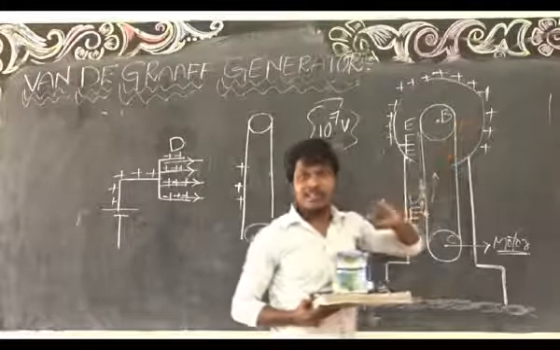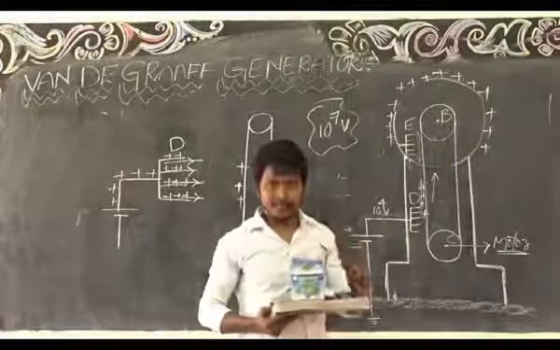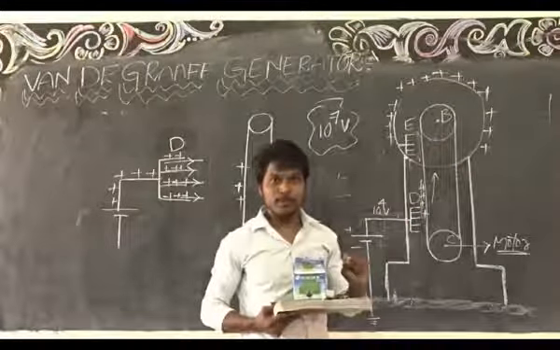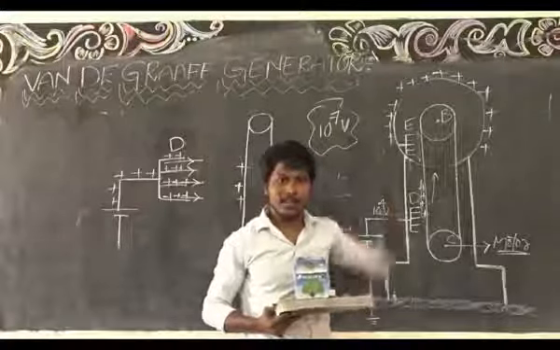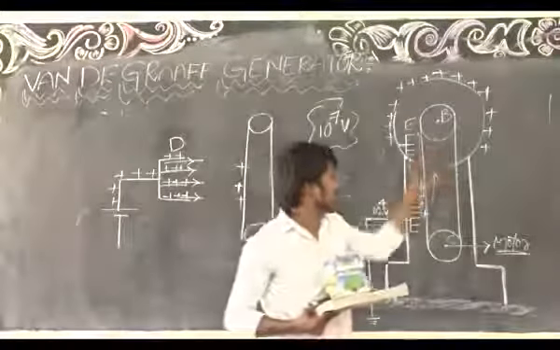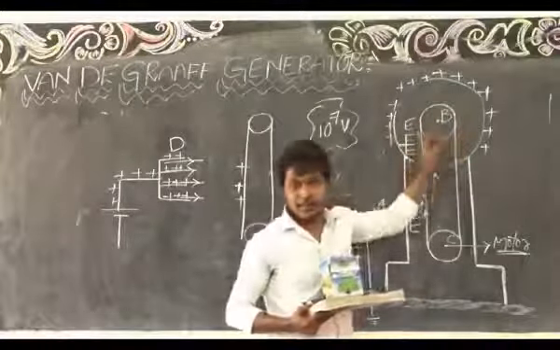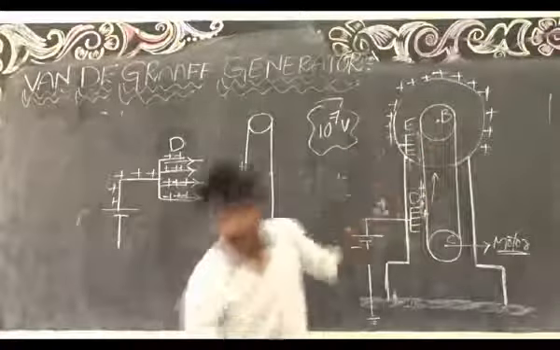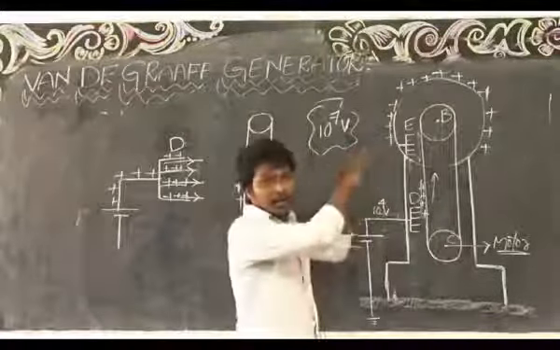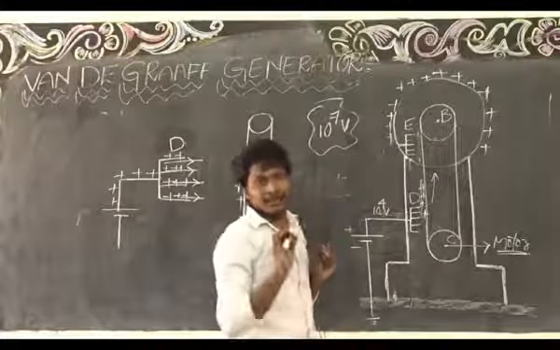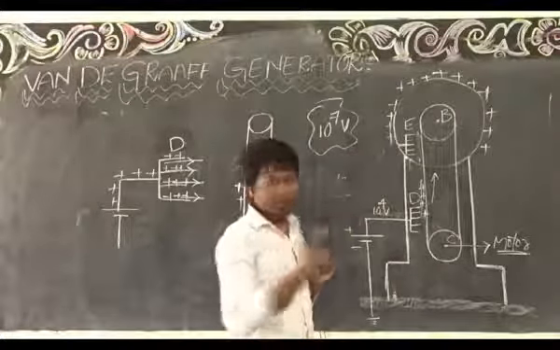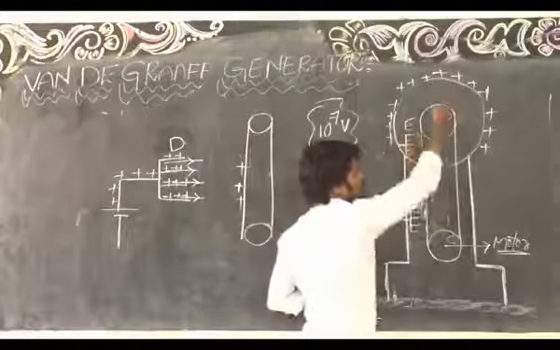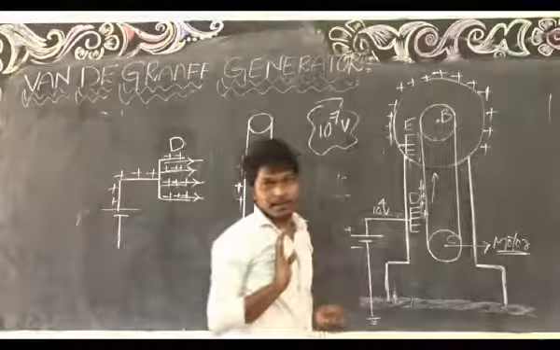For the purpose of reducing the leakage of the charges in this spherical conducting sphere, we can make some coating using steel. By the use of steel, we can coat this conducting sphere.